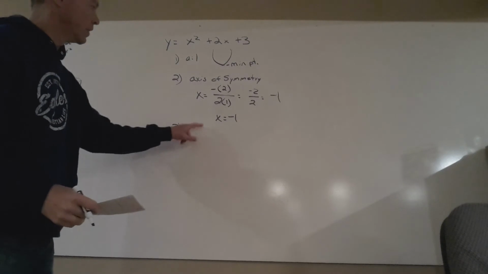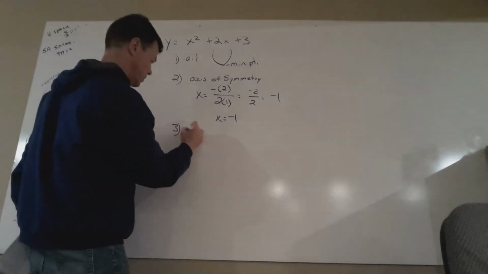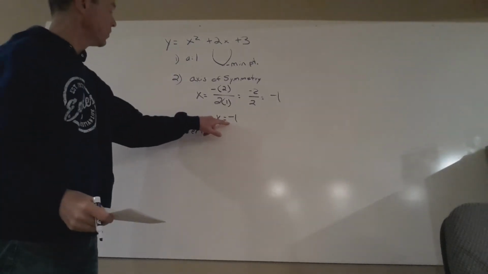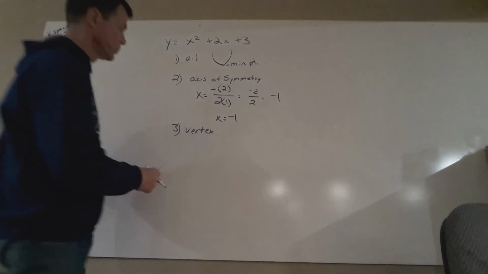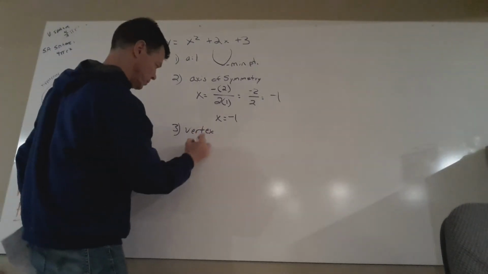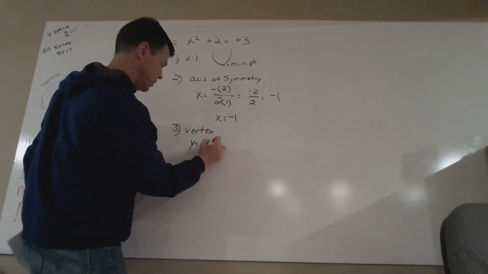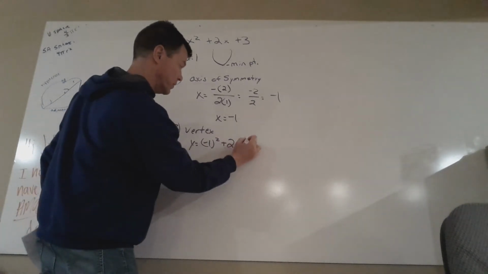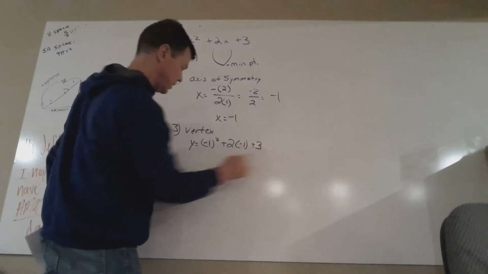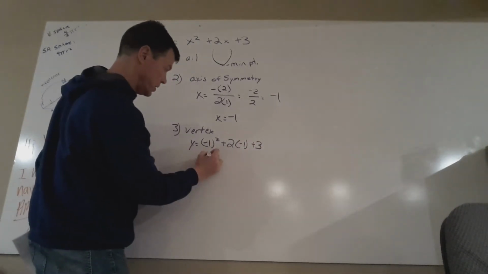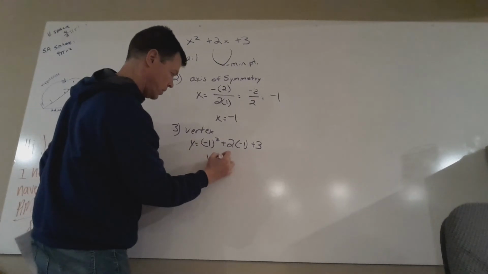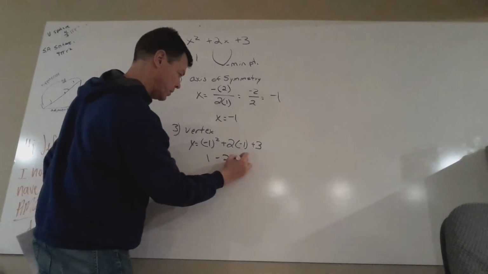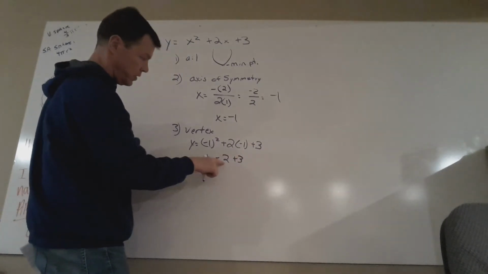Third thing, find our vertex. So to get our vertex, just plug in negative 1 into the original equation. Y equals negative 1 squared plus 2 times negative 1 plus 3. Negative 1 squared is 1. 2 times negative 1 is negative 2. So 1 minus 2 is negative 1.